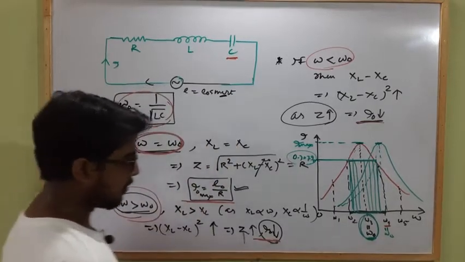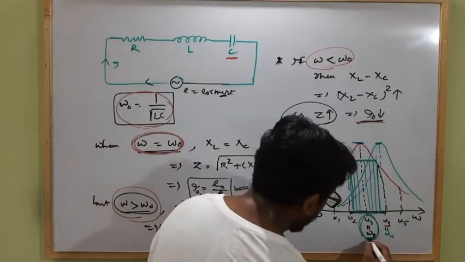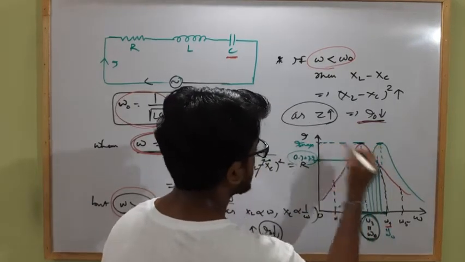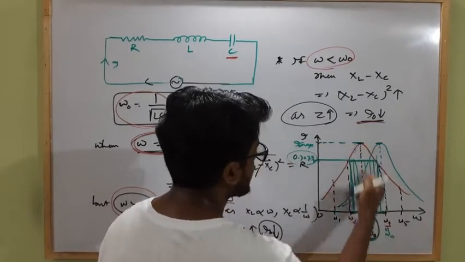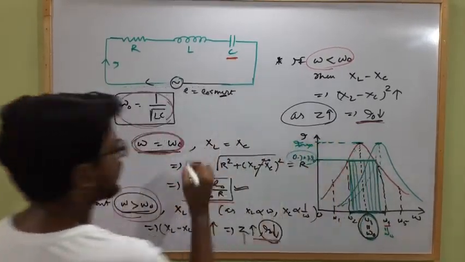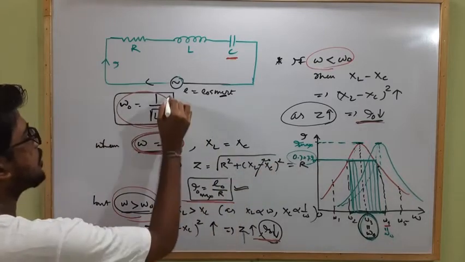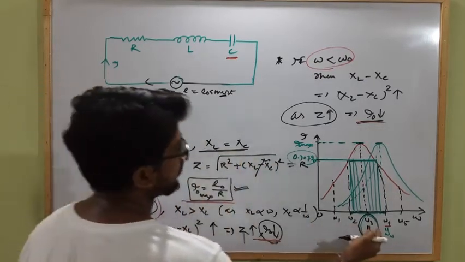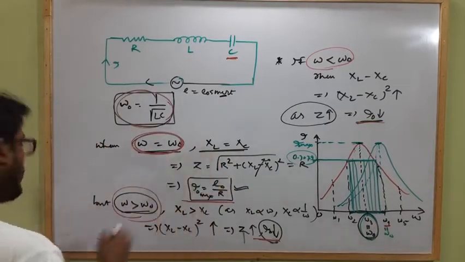For this case, when omega naught is equal to omega 3, we will get the maximum current at this place, and this is the resonance case for omega 3. So omega 3 equals omega naught, that means XL equals XC. So what will be the value of I?